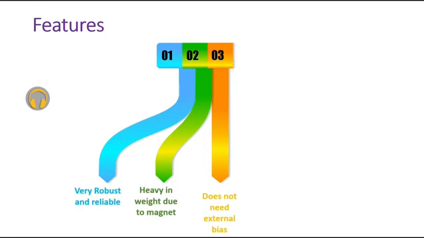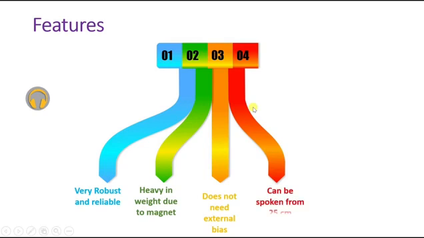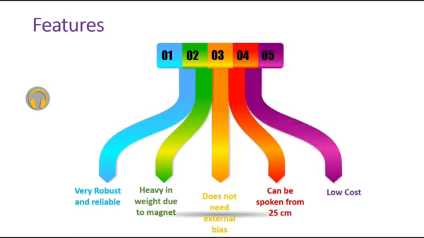As you can see, we have not connected any external bias here. We can speak at a distance of 25 centimeter when using it. And the last feature is it is a low cost microphone.